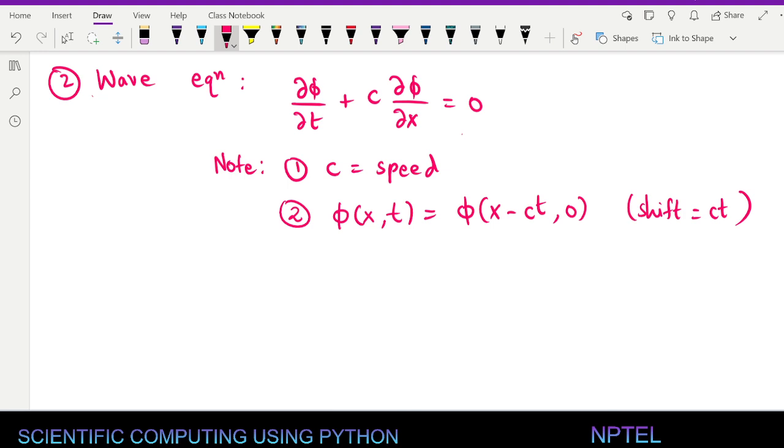So this equation becomes d phi by dt, but again you don't have just one phi, but phi at every point i, and it is minus c del phi by del x, and this can be estimated.